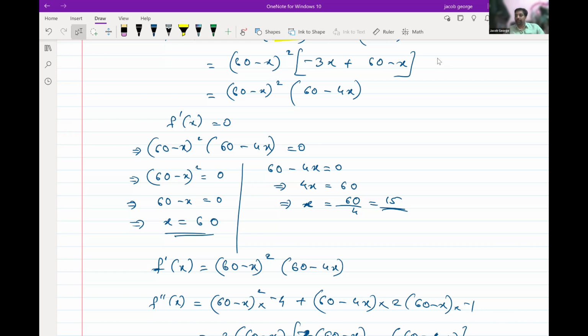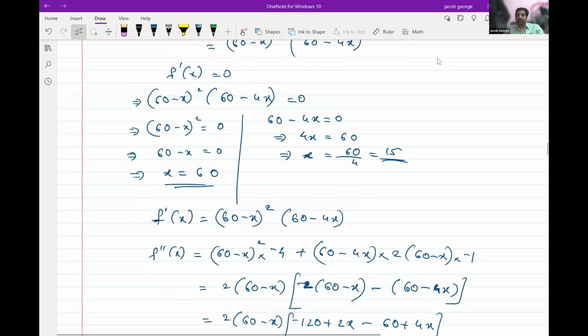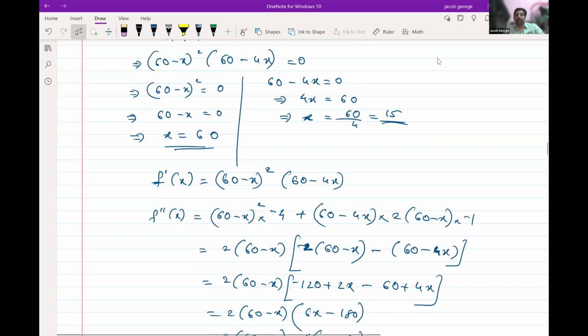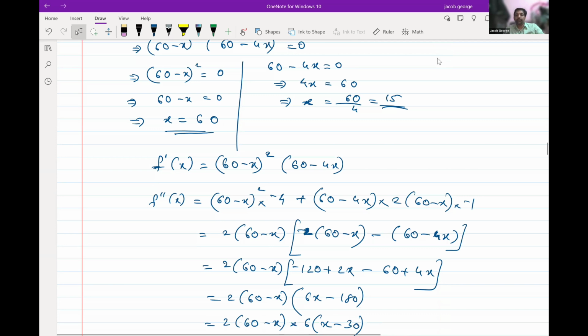Then we simplify it. By the product rule we have done the derivative again: 60 minus x the whole square into the derivative of 60 minus 4x, that is minus 4, plus 60 minus 4x into the derivative of 60 minus x the whole square, 2 into 60 minus x into minus 1. After this, we take out the common factor and simplify it.